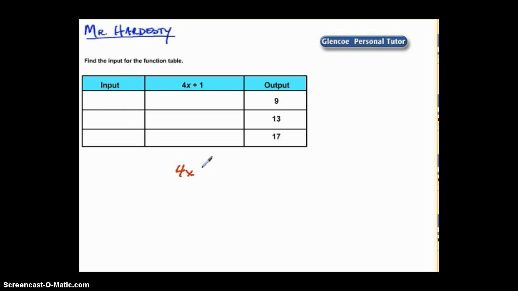4x plus 1 is our function. If we take our output values and work backwards, we'll find the input. That is, subtract 1 from 9, a difference of 8, and then divide by 4. And that quotient is 2.